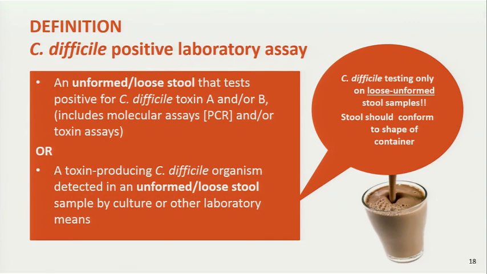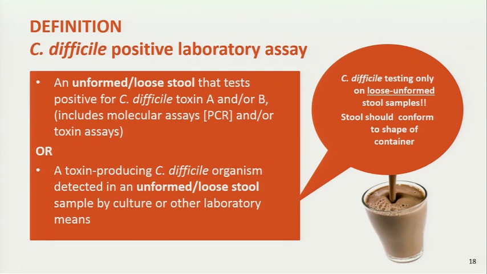So let's talk a little bit about this definition of C. difficile. For NHSN reporting, only loose stool samples should be tested and reported. C. difficile is identified when the resident has a positive laboratory test for C. difficile toxin A and or B, or toxin-producing organism through a culture.